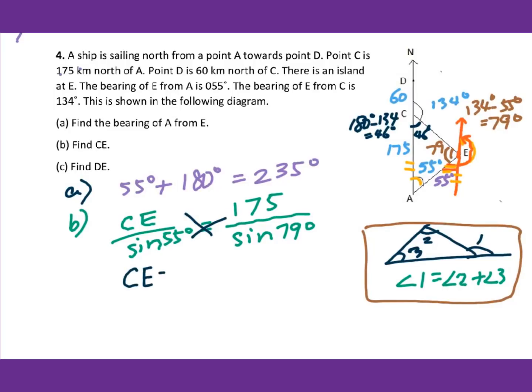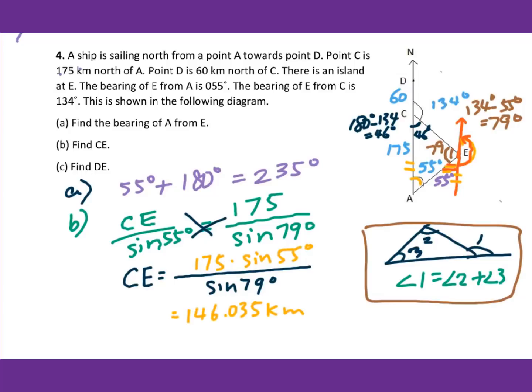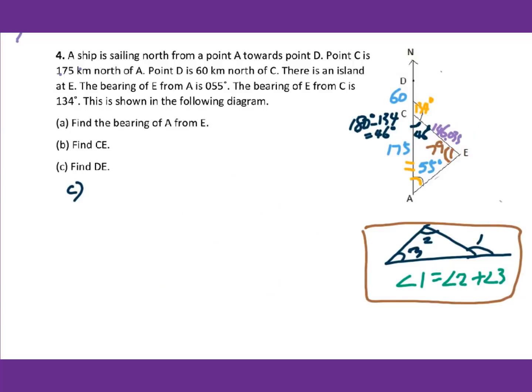CE equals, denominator that's sine 79 degrees, numerator will be 175 times sine 55 degrees. Put into calculator, we will get 146.035 kilometers.